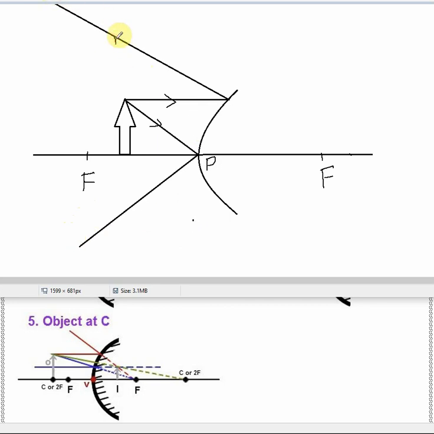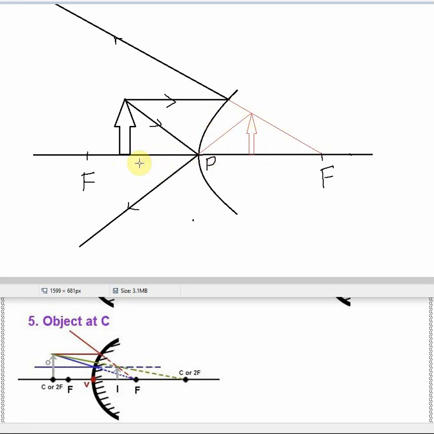The arrows, done. Now I have to draw the virtual. Done. So the image will come right here. Done.